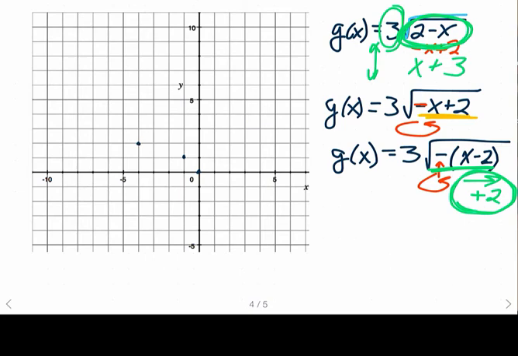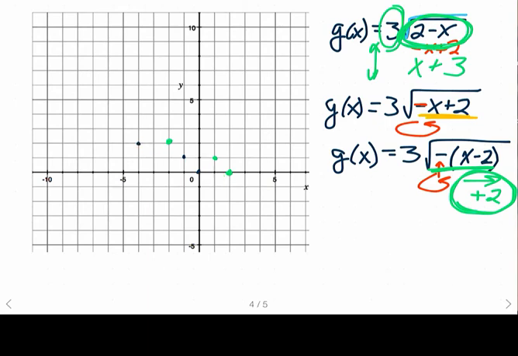Number one, it's moved to the right 2 units. So this is going to go through the point 2, 0. Now these dots here, say at 1, 1 and negative 2, 2, would be the effect of the horizontal translation of each of these points to the right by 2 units.